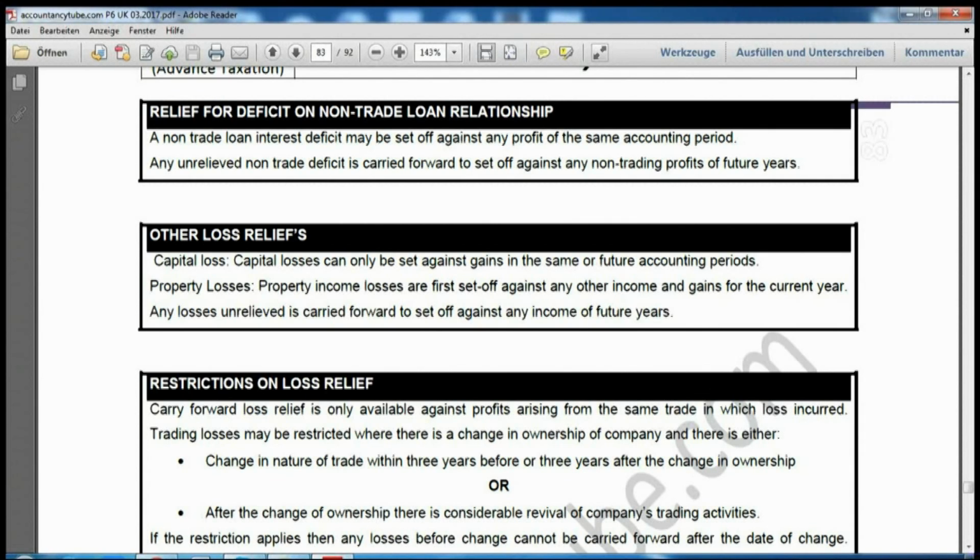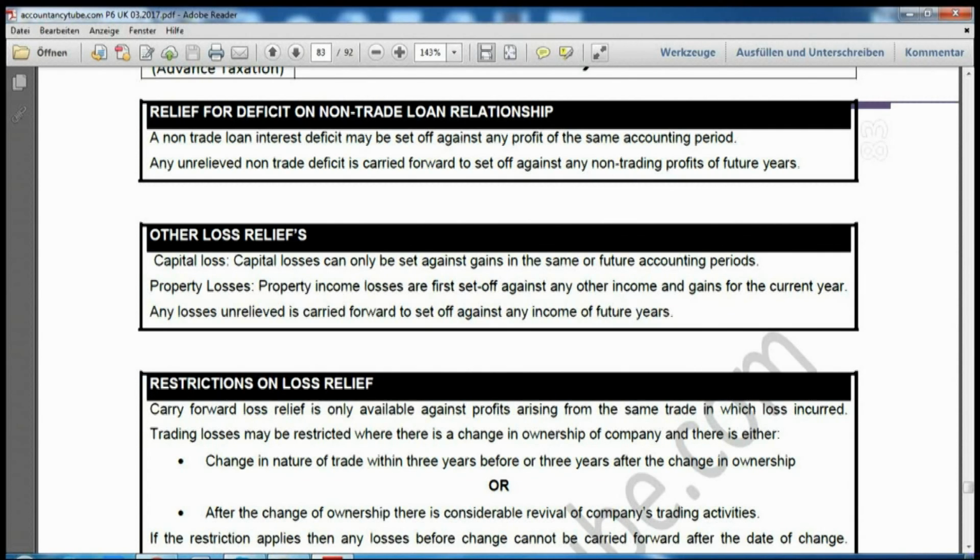Say for example, if the company was trading in dealing cars and they have incurred some loss. However, after that they have started to make changes in their trading, and then they started to make some food. They started to make some biscuits and all that, like baking stuff. So there is a change in the trading. Their industry was cars previously, automobiles, and now they are dealing with food. So there is a change.